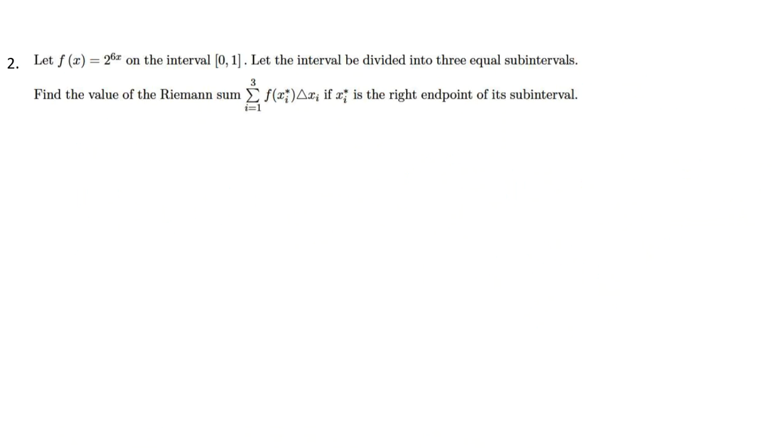All right, our next question is written in a little different format. Hopefully now you can see that this is a Riemann sum, and it tells us that we're going to do 3 equal subintervals. So we're doing 3 rectangles, and we're measuring them at the right endpoint of each interval.